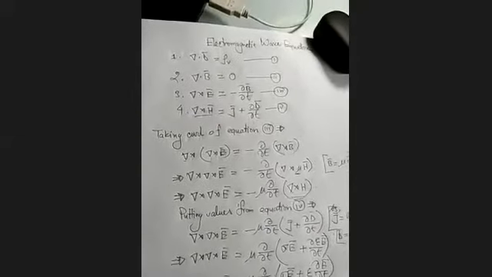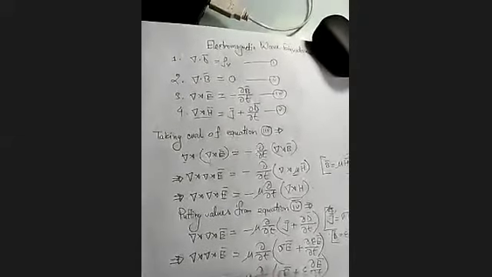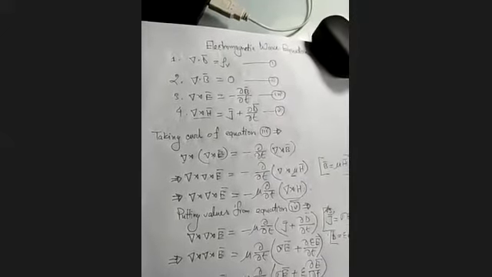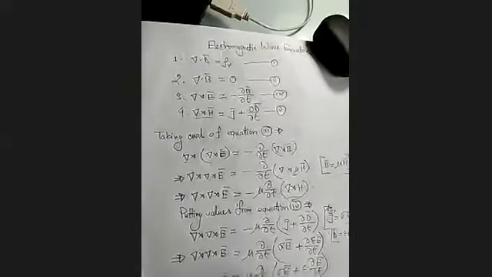Now if we multiply this part through our first one and second one, we will get del cross E is equal to, if we just multiply mu and sigma, that means mu sigma del E by del t. We just try to multiply the whole part with our first part.